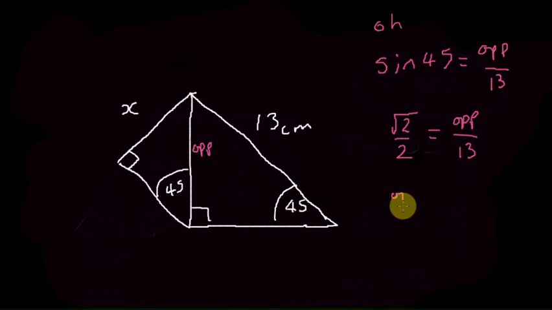So that's 13 square root 2 over 2. Square root 2 over 2. And you can't cancel down anymore. You can't. That is money, basically. So we'll write that in here. You don't have to write this in here, but it just makes it easier to see when you're going on to do the next, to find x.